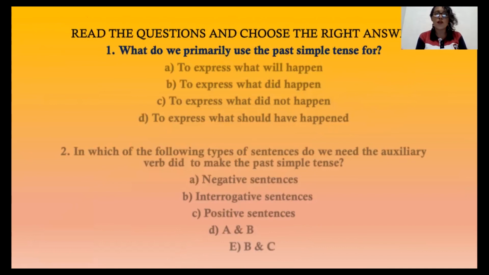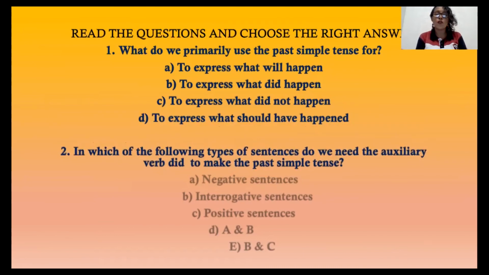What do we primarily use the past simple tense for? A, to express what will happen. B, to express what did happen. C, to express what didn't happen. And D, to express what should have happened. So what could the answer be?